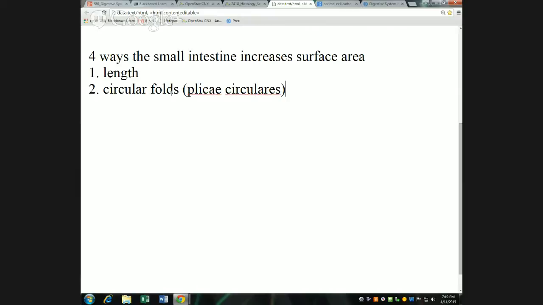So if we could flatten out all those circular folds, then the actual inner length might be 3-4 times, something like that, larger, which is just going to increase the surface area even more.